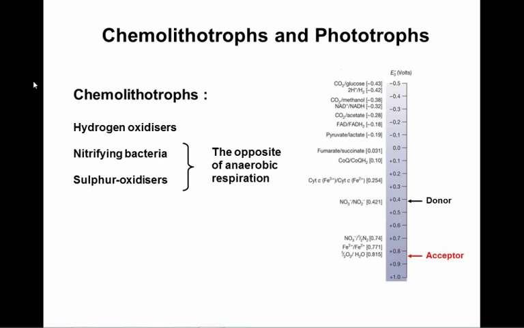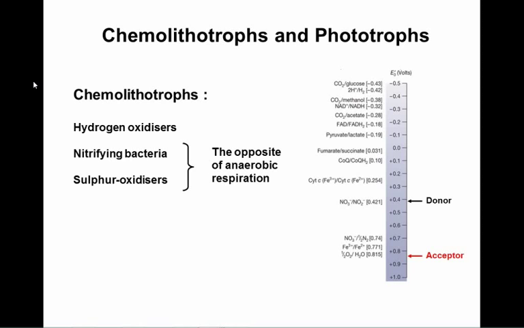Okay, the source of energy, the source of electrons, is inorganic. And they're going to use the energy they derive to fix carbon. So they only have access to inorganic carbon. So they're trying to do the opposite thing.